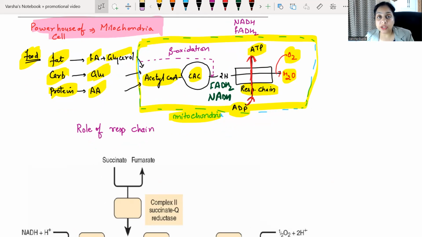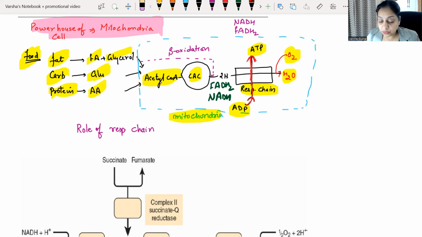So most of the oxidations, maybe fatty acid oxidation, happen there in the mitochondria, even the citric acid cycle. If you follow the red and yellow highlights, what we see here is the food that we eat, which is composed of fat, carb and protein.